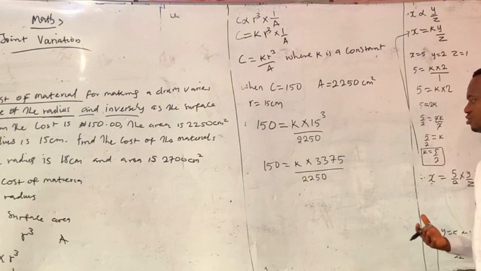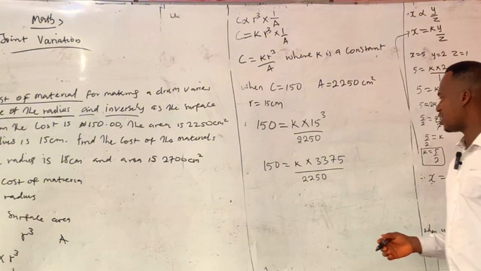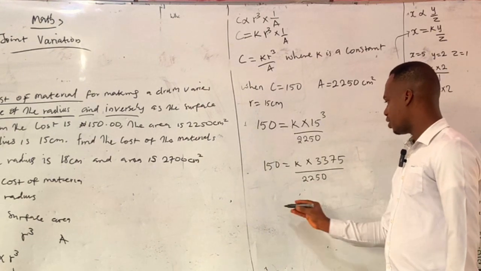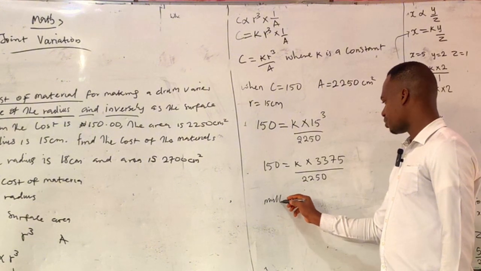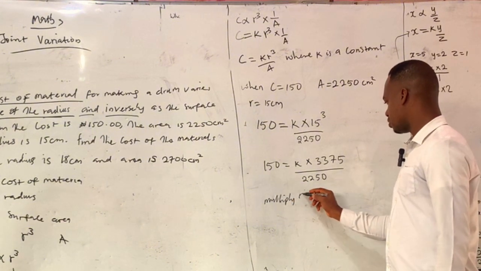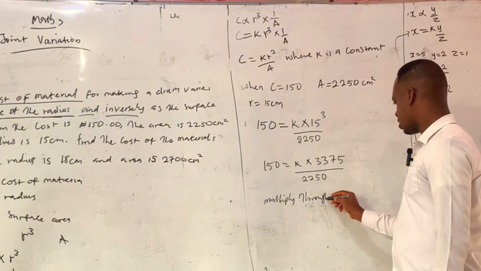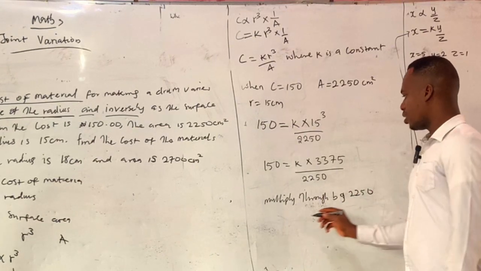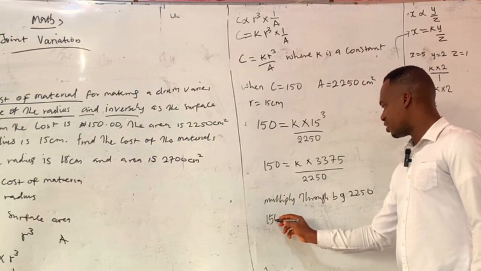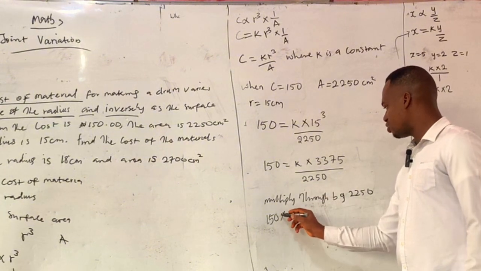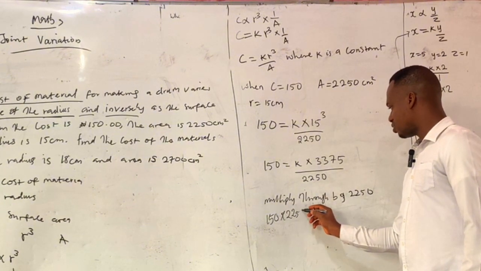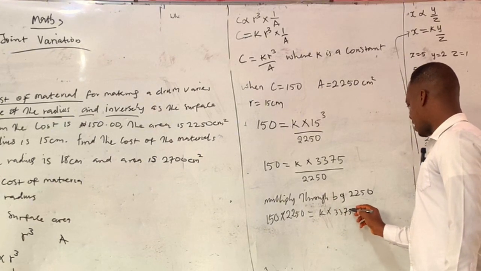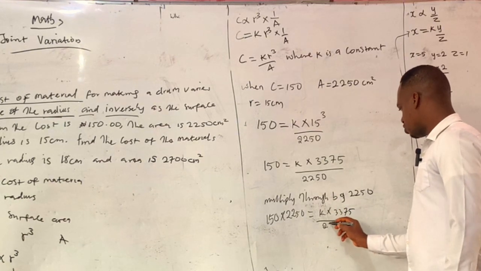Here we have a fraction. The first thing, remove your fraction. So multiply through by 2,250. So 150 on the left side, multiplied by 2,250, is equal to K times 3,375 on the right side divided by 2,250.